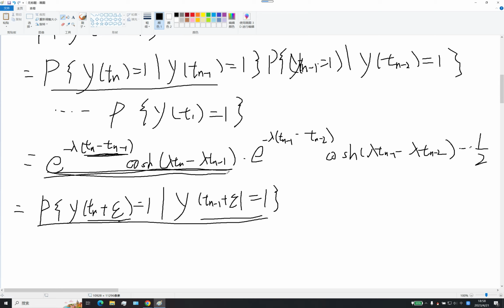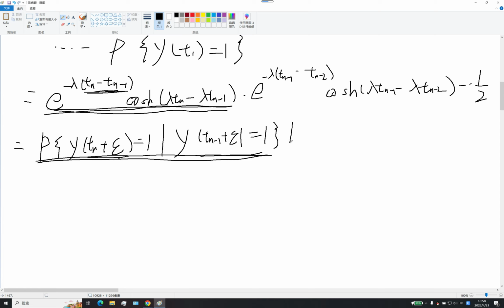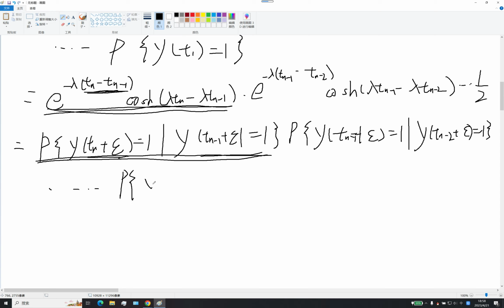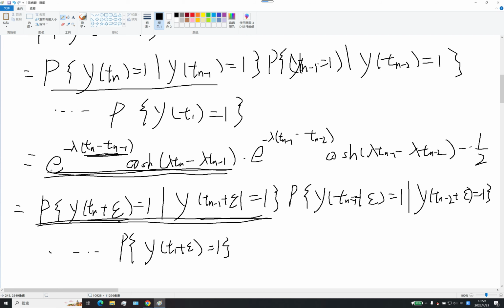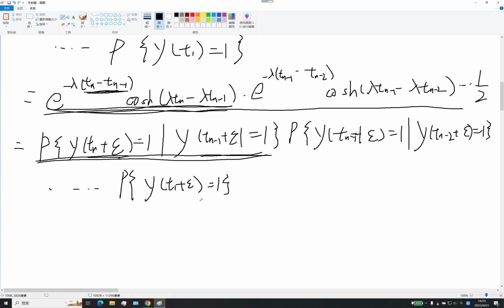So this can be retransformed, and we transform all of them like this: P(y(tn-1 + epsilon) = 1) on the condition of y(tn-2 + epsilon) = 1, and so on. And P(y(t1 + epsilon) = 1) is also equal to 1/2. So this part can be transformed in this form.